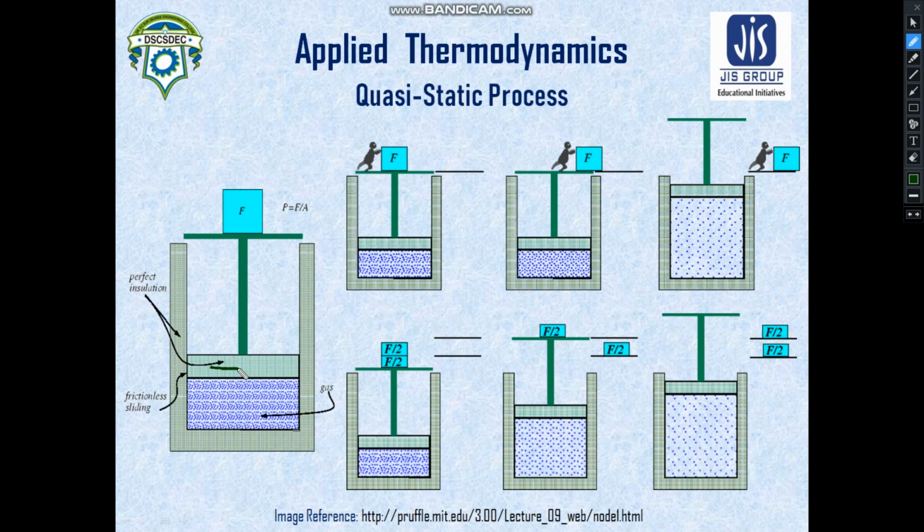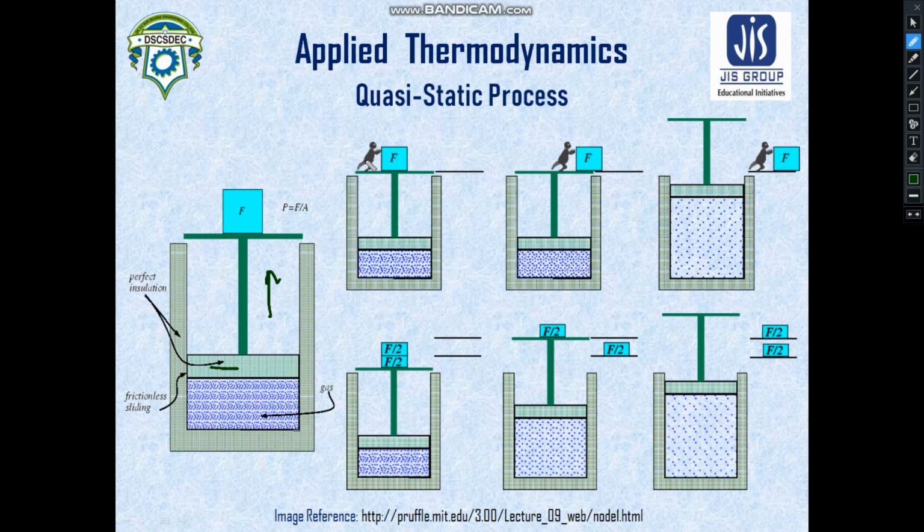This is a frictionless piston, which means if the gas is pressurized, the piston will move in the upward direction. There is perfect insulation present here, which means no heat transfer is allowed. Any kind of energy transfer is not allowed, except the transfer of energy by the gas or the weight.